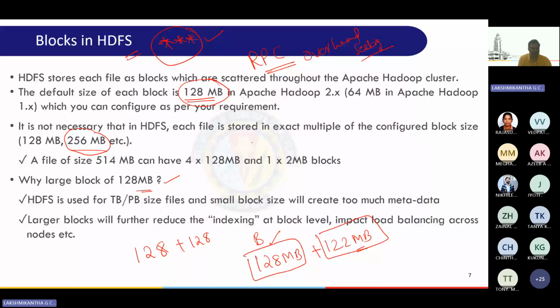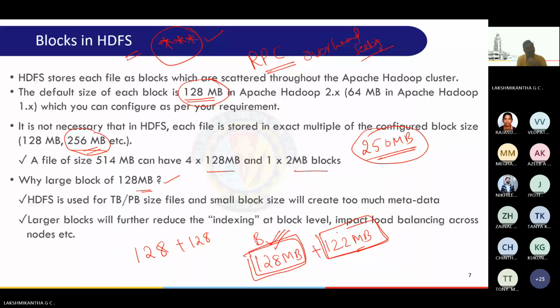Suppose you are storing 250 MB, then what are you going to do? 256 would not be an issue: 128 MB and 128 MB, complete blocks. But when storing 250 MB, one block will go with 128 MB completely, and another block will go with 122 MB. Is this clear? Somebody was asking this question. Tanya.